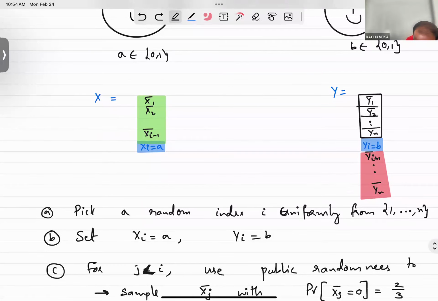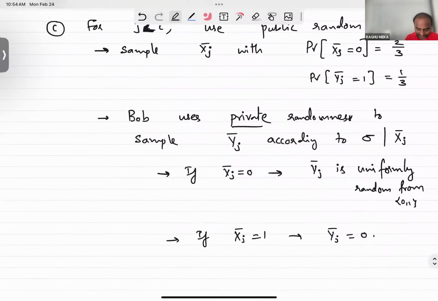Actually, let me do something. Let me put y1, y2 without the bars to indicate that they are private randomness.